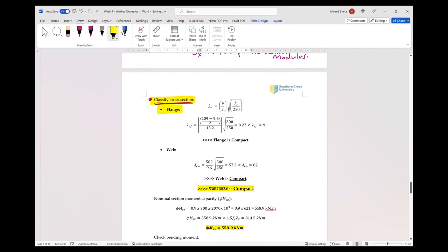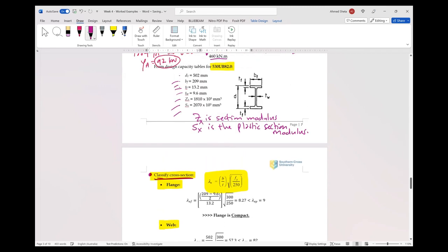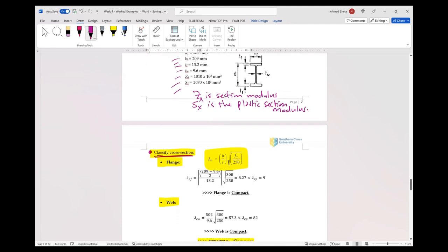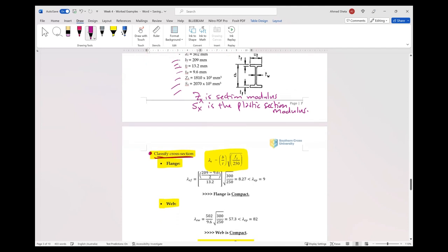So we have flange and web. Same formula we used in columns. So we have lambda E equal to B over T times root F yield over 250. B, the width of the flange, equals B flange minus T web over 2. This is the T flange.